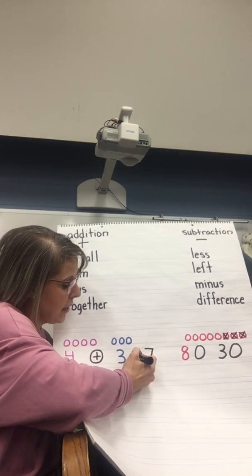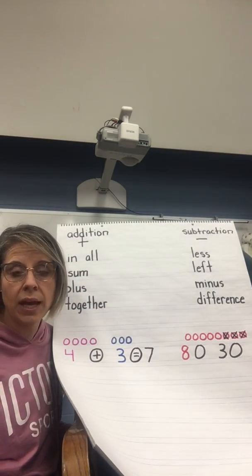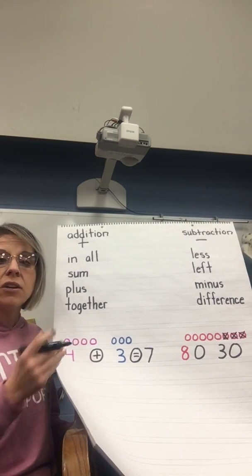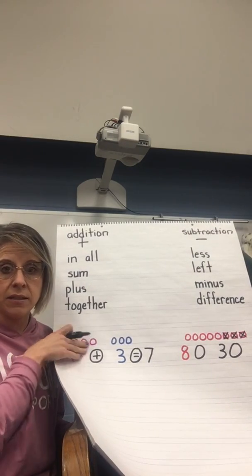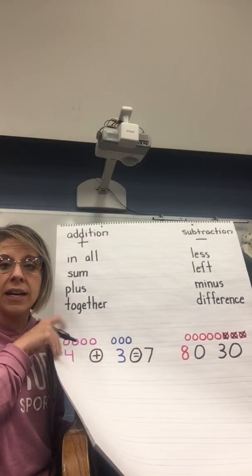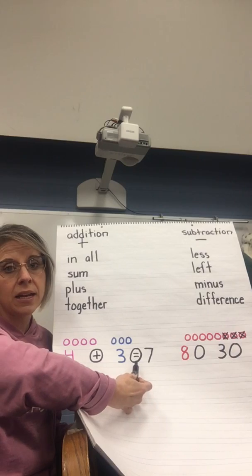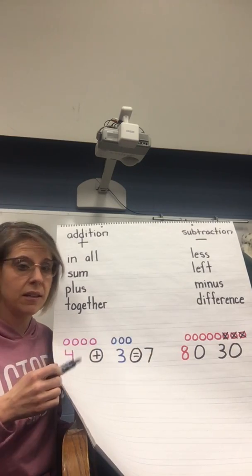And your equal sign is just 2 lines, one above the other, and that shows us what the answer is going to be. So then when you read this sentence, because this is a number sentence, it says 4 plus 3 equals 7.